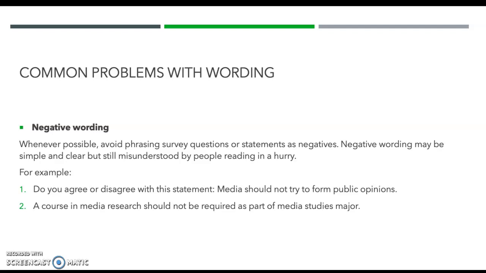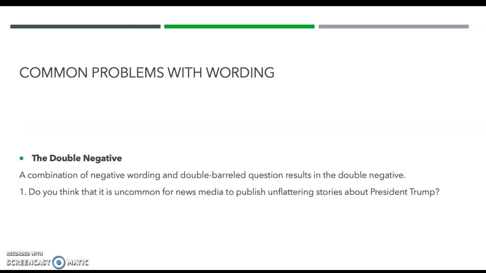But I would want you to test these questions on the people that you are living with, maybe your family members, and see whether they're able to answer the questions correctly. And then the double negative. A combination of negative wording and double-barreled questions result in the double negative.